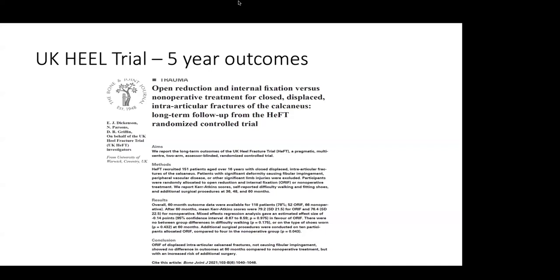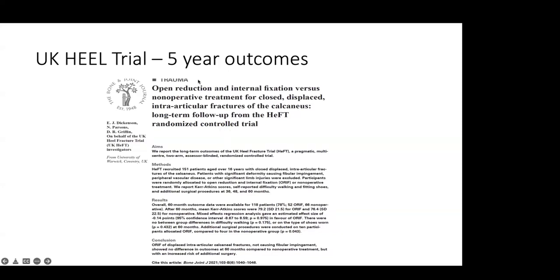And when we look at the outcomes now, the mean Kerr-Atkins scores were 79.2 for ORIF and 76.4 for non-operative. So now I'm looking at the confidence interval. It is between -8 and 8.5, which is crossing 1, which is a very wide interval. And the p-value is 0.9, which is high.